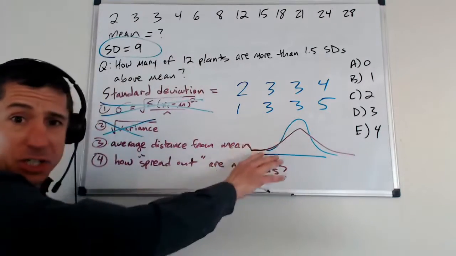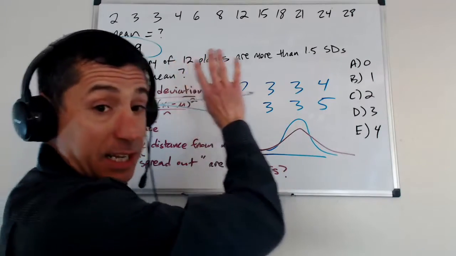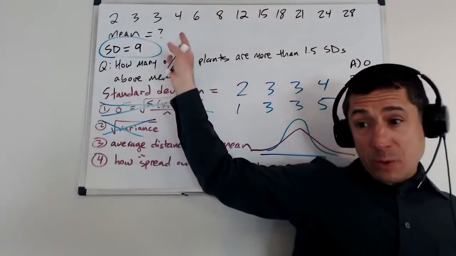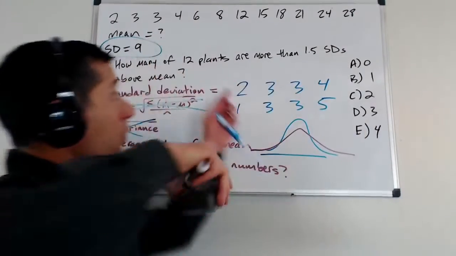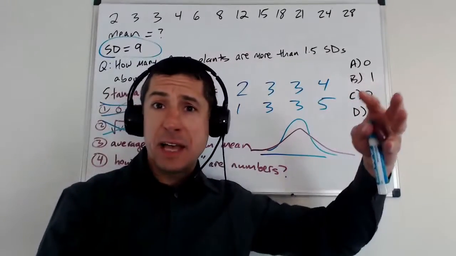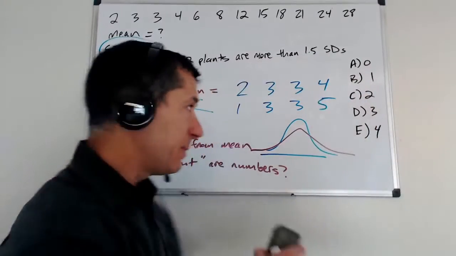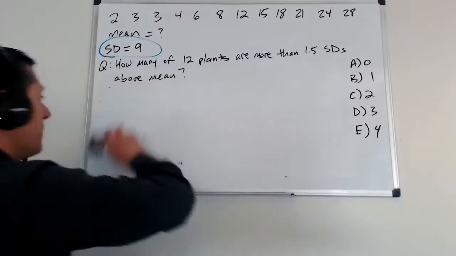As long as you understand that basic concept, you're in pretty good shape here. Now, with all that said, this particular question is asking you to apply it on a more basic level. They give you the standard deviation of this set of numbers, and they ask, how many of those values are more than 1.5 standard deviations above the mean? So just a little bit of math there, and nothing too awful.